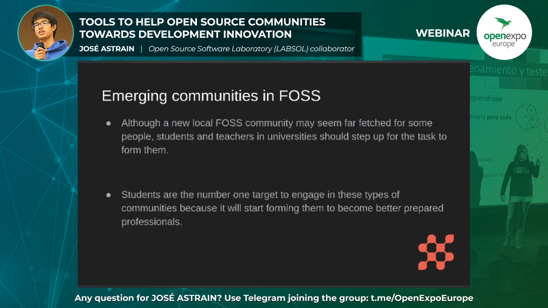To complete this community, we need to start forming them to become better professionals on sharing what we already know, sharing what open source software is all about, and basically preparing them to be better professionals and have better preparation.